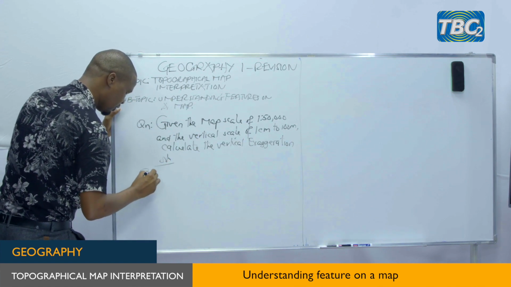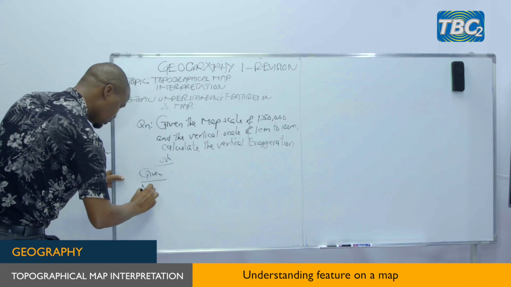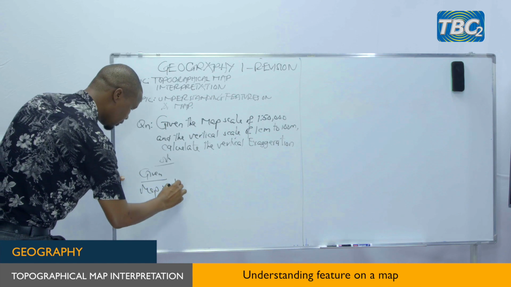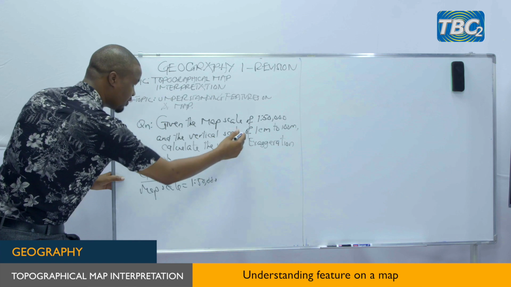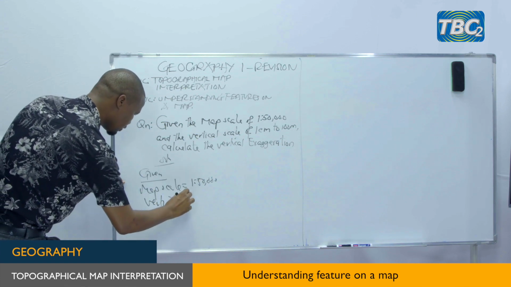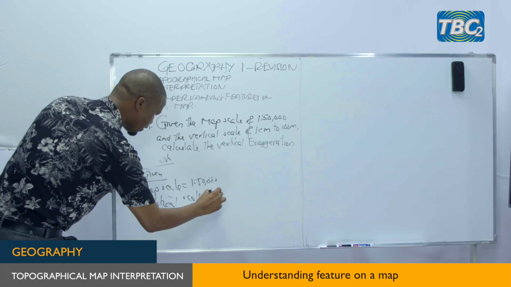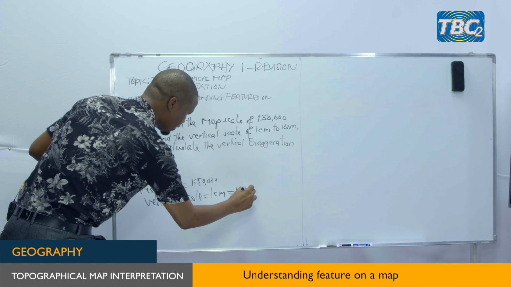So we have the givens. The map scale, which is 1:50,000. Then we have the vertical scale: 1 centimeter represents 100 meter.